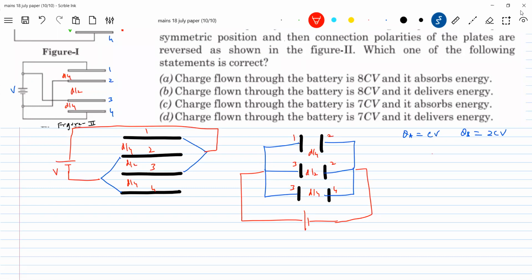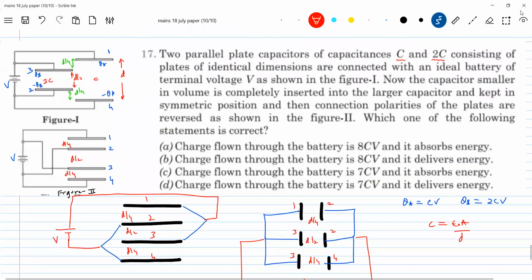Earlier what we assumed, capacitance was epsilon naught A by d, so C equals epsilon naught A by d for the first diagram, no? That's the basic idea. This has to be assumed from figure 1. This is very important.